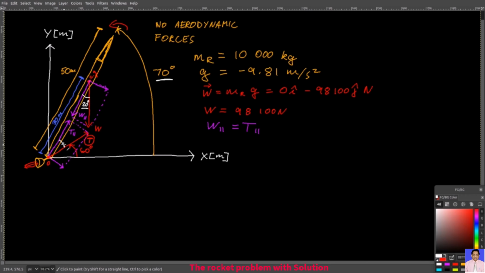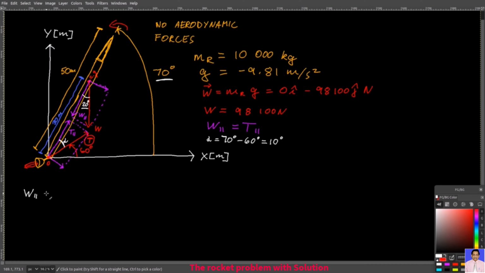Also, this angle here that we can call alpha, we can very easily calculate that alpha equals 70 degrees minus 60 degrees, which equals 10 degrees. So you have 70 degrees here, 60 degrees here, and their difference is alpha.